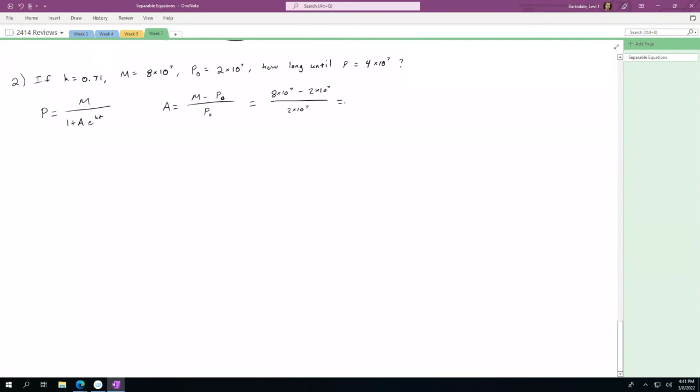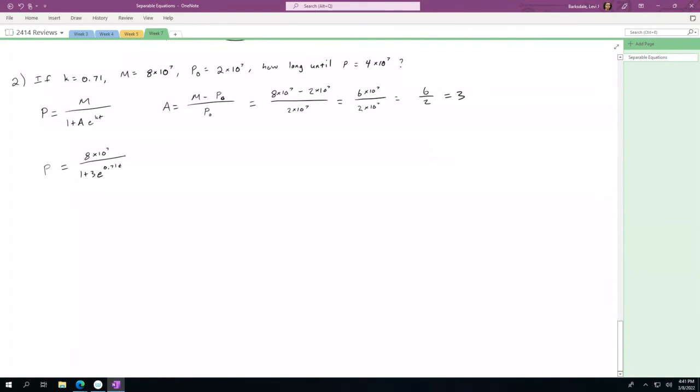Now we have 8 10 to the 7ths and 2 10 to the 7ths, so that's 6 times 10 to the 7th over 2 times 10 to the 7th, which is 6 over 2, or 3. So my P is equal to 8 times 10 to the 7th over 1 plus 3e to the 0.71 t.